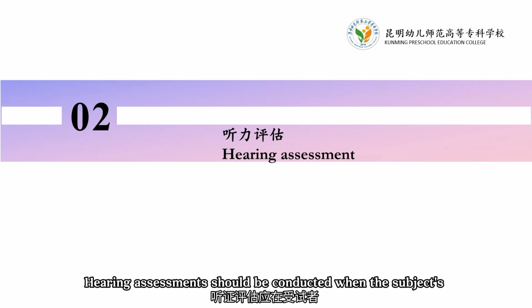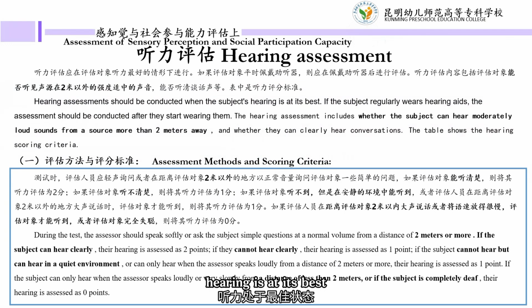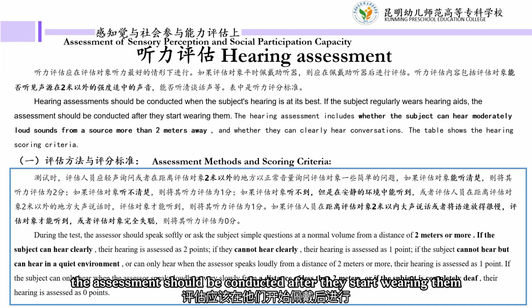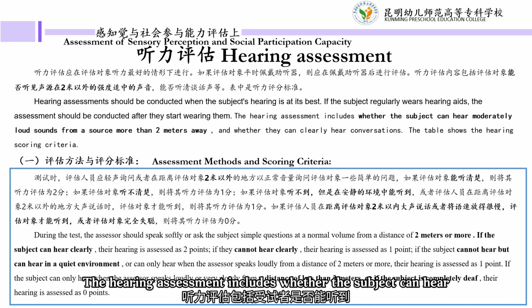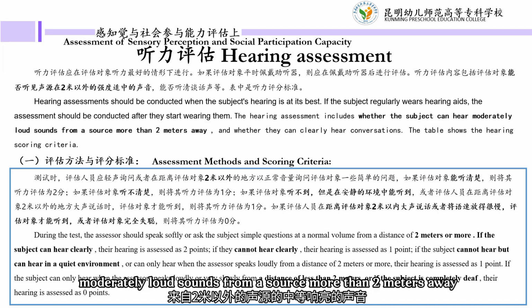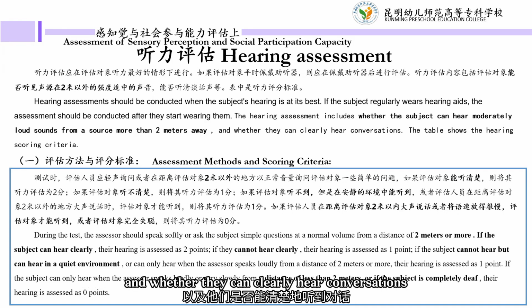Hearing assessments should be conducted when the subject's hearing is at its best. If the subject regularly wears hearing aids, the assessment should be conducted after they start wearing them. The hearing assessment includes whether the subject can hear moderately loud sounds from a source more than 2 meters away and whether they can clearly hear conversations.